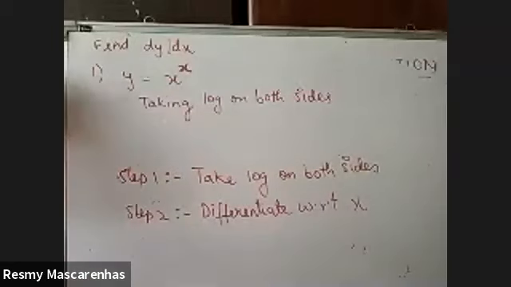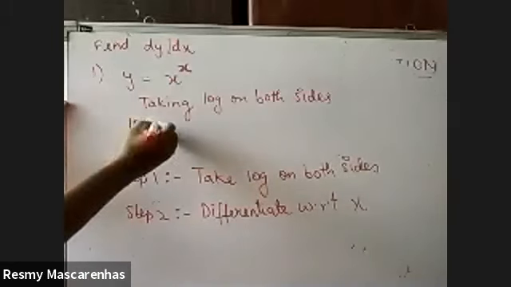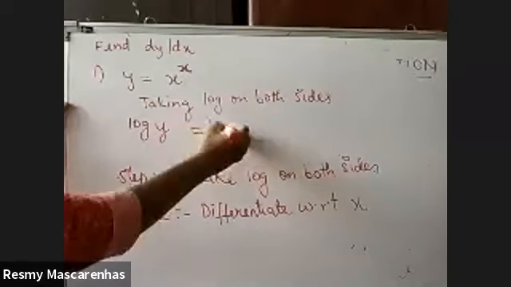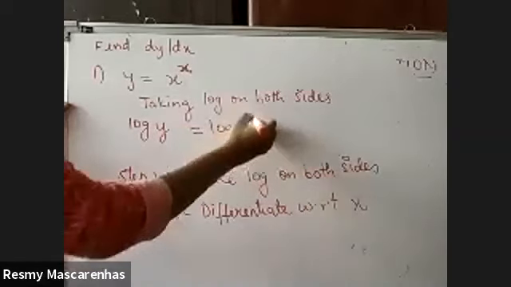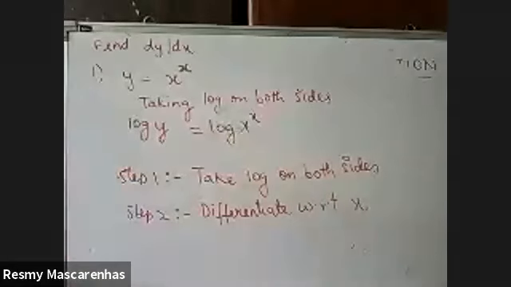So when you take log on both sides, it will look like this. log y is equal to log of x raised to x. Whatever the question given, if it is function raised to function, straight away take log on both sides.